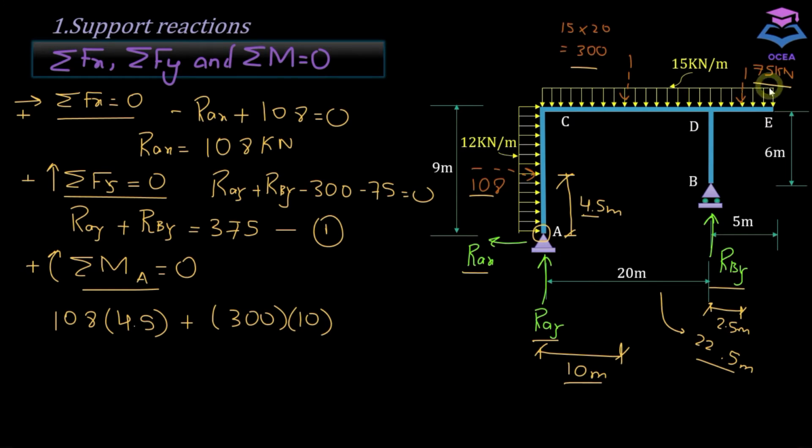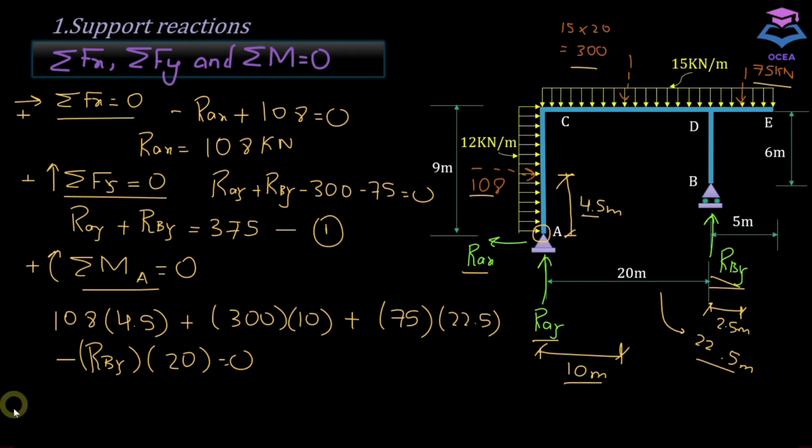And we have this 75, and it has a moment arm of 22.5. There is one other force which is also creating moment about point A, and this is the reaction RBY, and this is creating counterclockwise moment about point A. So this is going to be negative with a moment arm of 20 meter.